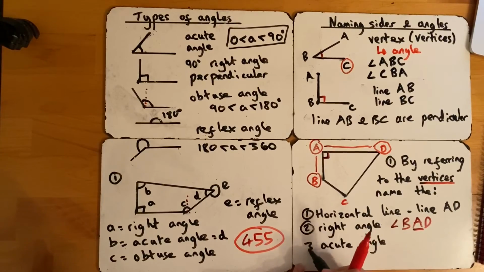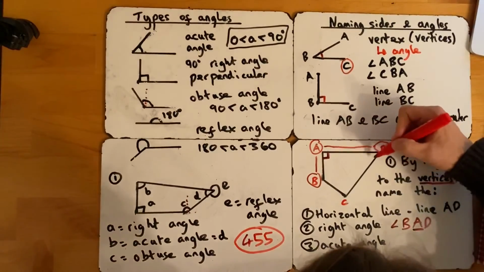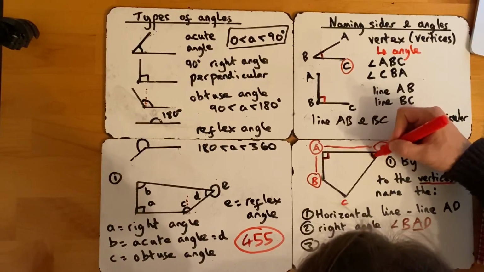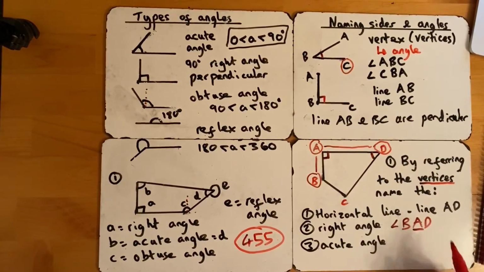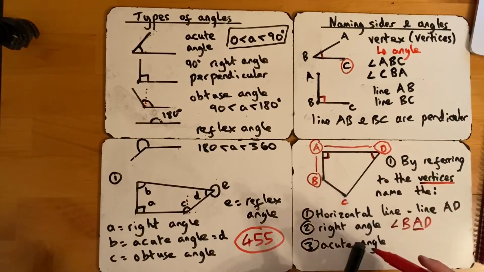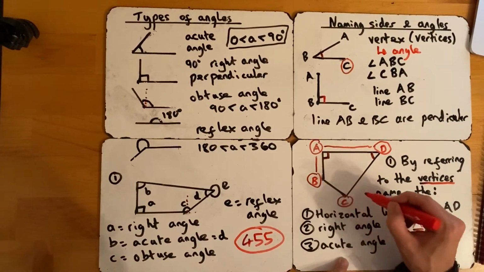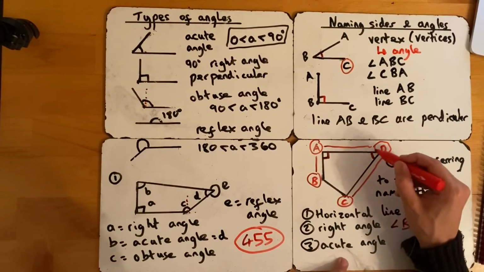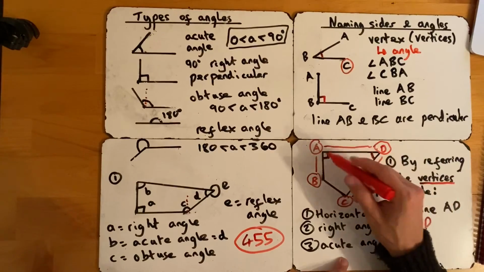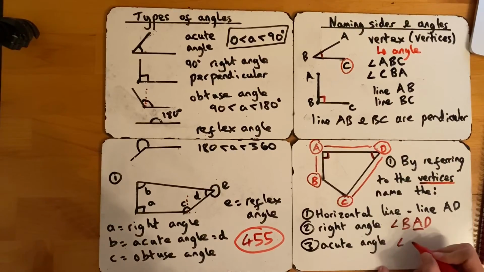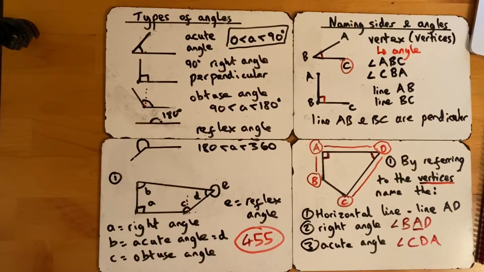Okay, number 3. Acute angle. So this one here, the smallest angle, is the acute one. So from the acute, you're going to be going from C to D, D's in the middle, that's where the angle is, to A. So you'd say angle CDA.